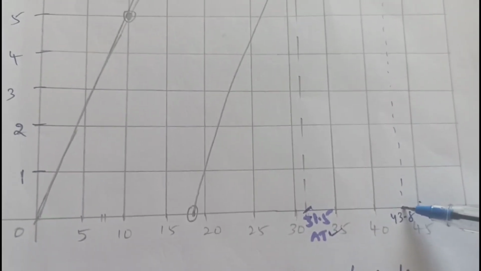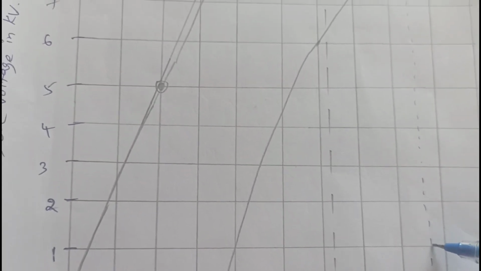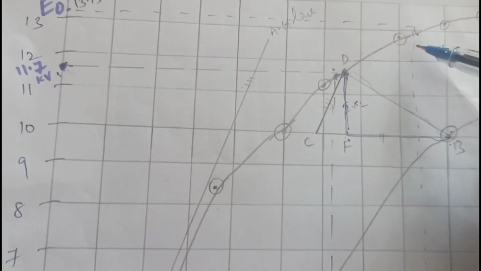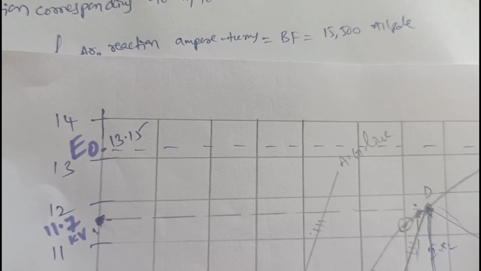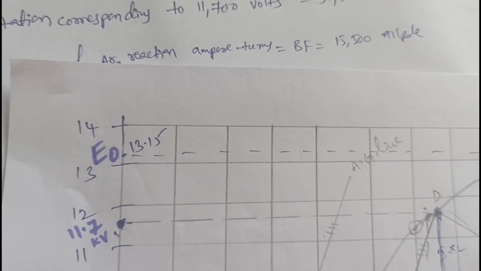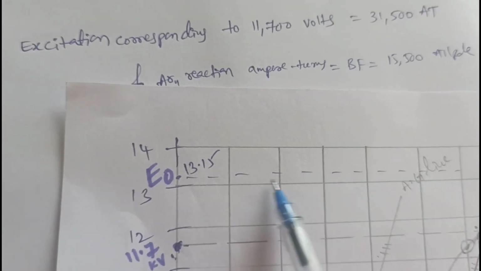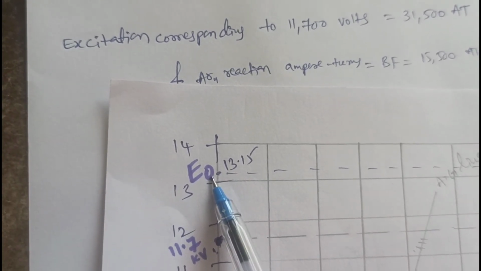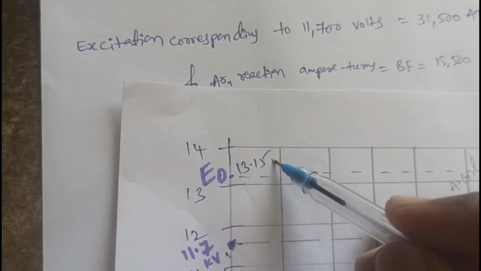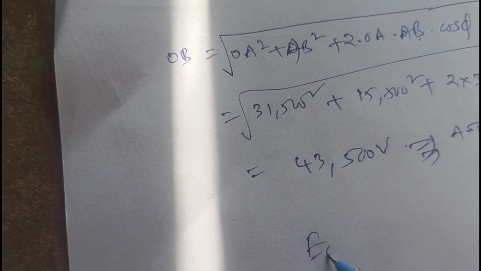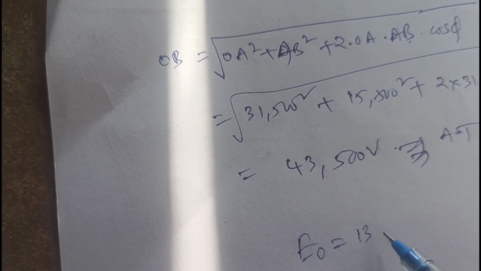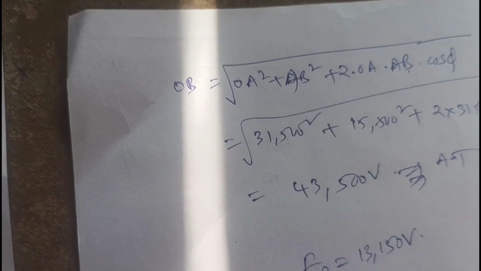From this point, draw one vertical line up to the OCC curve, and you get one point. After that, draw one more horizontal line to the voltage axis. You get 13.15 kilovolts. Finally, from the graph the E naught value is 13,150 volts.